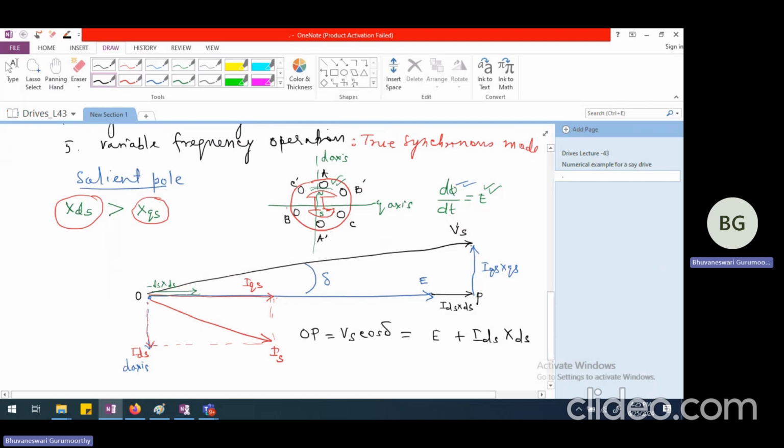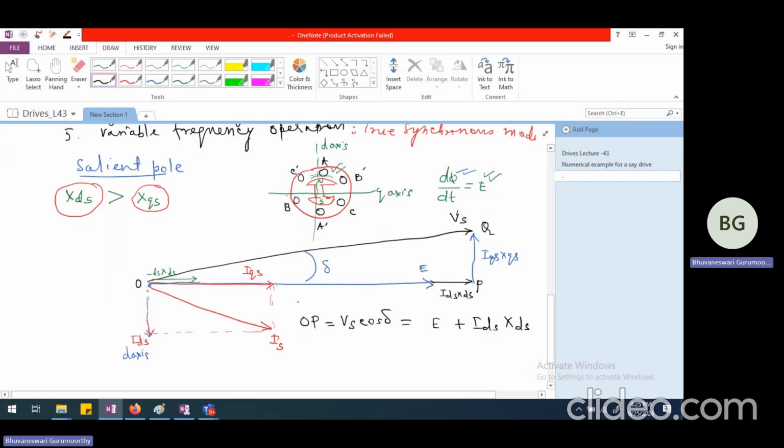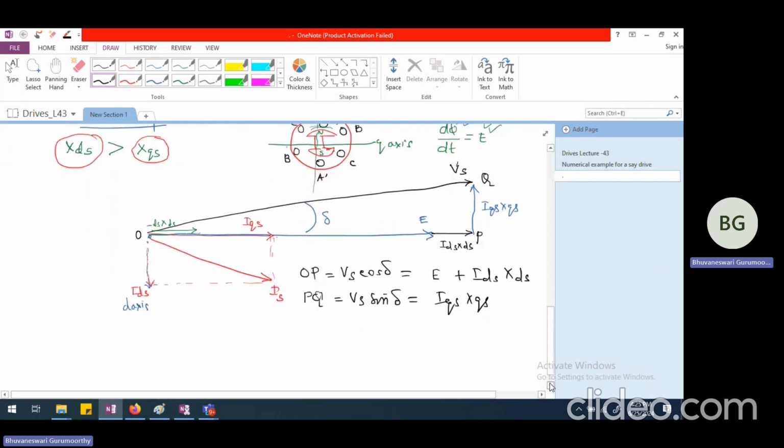And similarly, if I say this is PQ, if I talk about OPQ as the right angle triangle, PQ is the opposite edge. So PQ is going to be equal to Vs sine delta. That is equal to IQS XQS. From the diagram, I can directly say this.